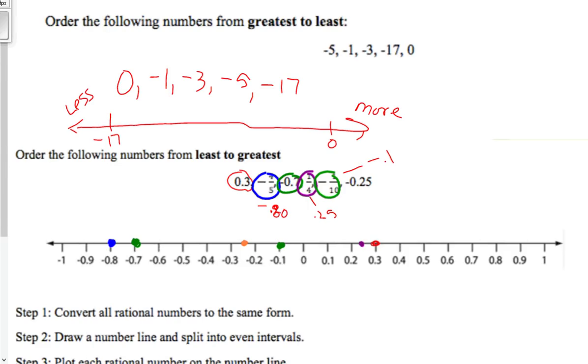So now we're going to go ahead and put them in order from least to greatest. So -0.8 was -4/5. Then we have -0.7. And then our next one is -0.25.